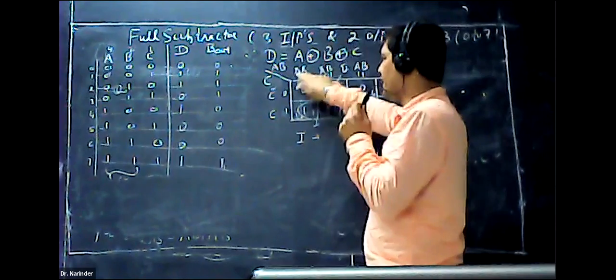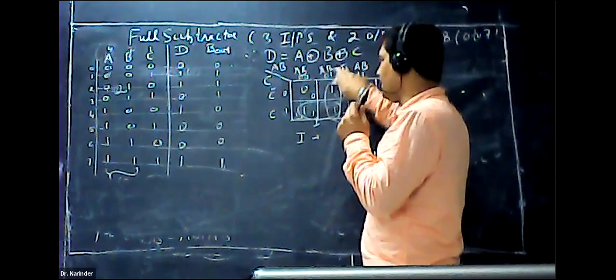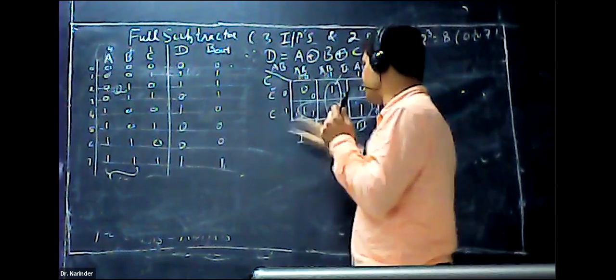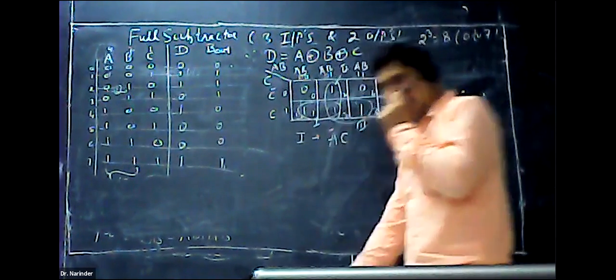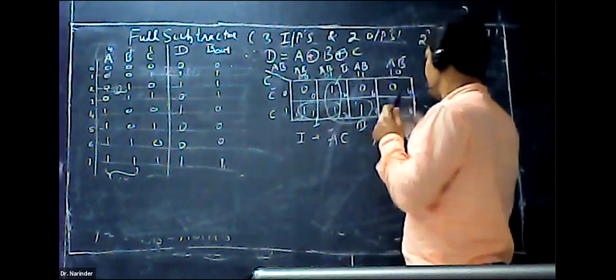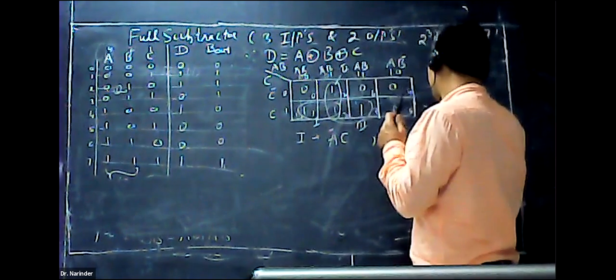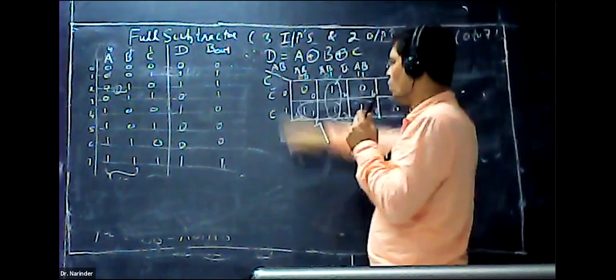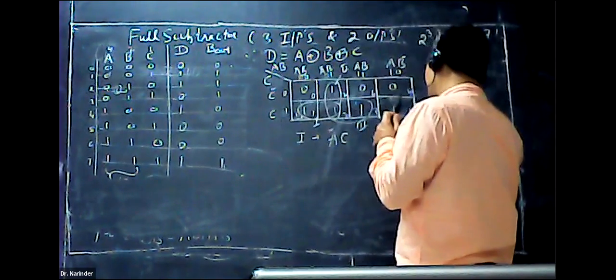Here you will get A bar, B bar, A bar, B, which has A bar common between these two. Right here, A bar. This is C. So the first expression is A bar C. Now we'll go for the second expression. There is A bar B. Vertically you will get C bar and C. Both will get cancelled.